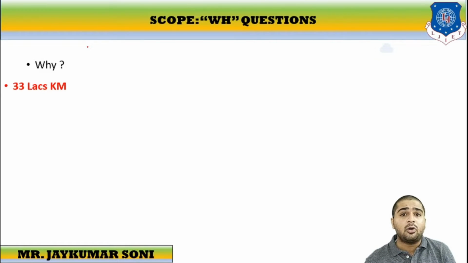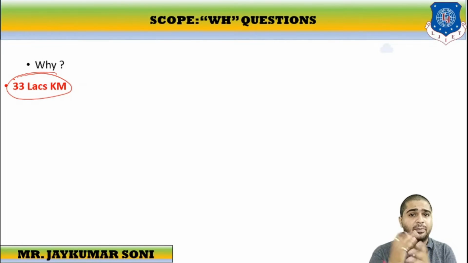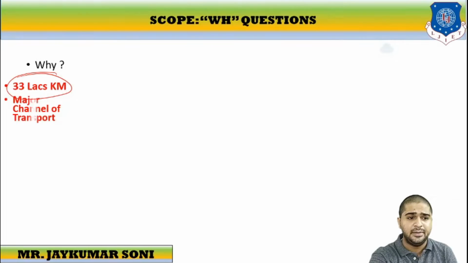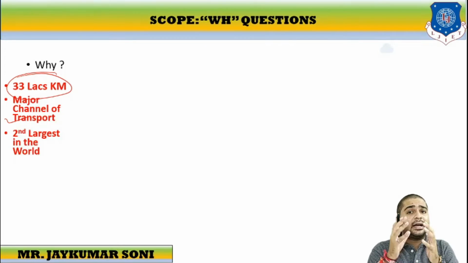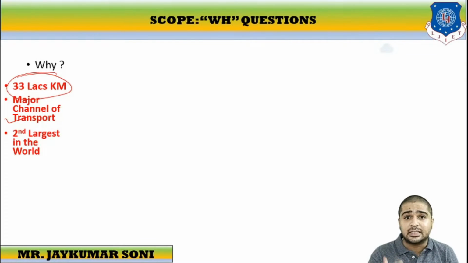India has a road stretch of more than 33 lakh kilometers in the present scenario. In India, we all know that most people use the road network if they want to be conveyed from one place to another. So in India, roads act as the major channel of transport. India is considered the second largest country in the world as far as the road network is concerned.